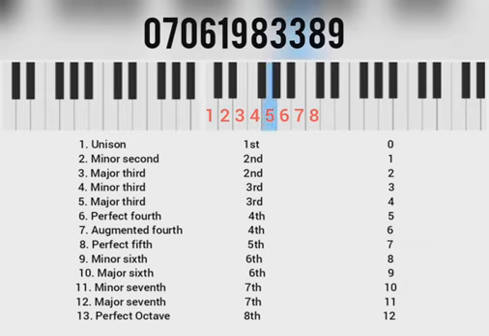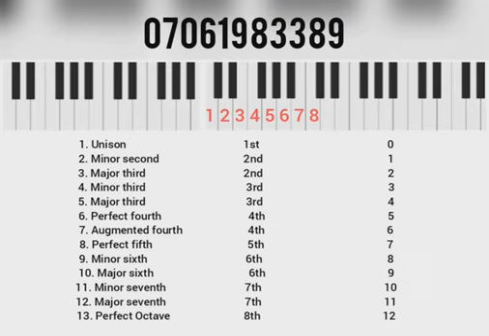So behind perfect 5th is called diminished 5th. This is called a minor 6th because it's behind 6th. This is called a minor 7th because it's behind 7th and perfect octave. So the black keys, the names are minor 2nd, minor 3rd, augmented 4th or diminished 5th, minor 6th and minor 7th. That's all you have.